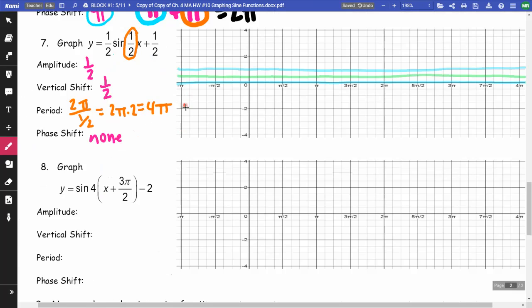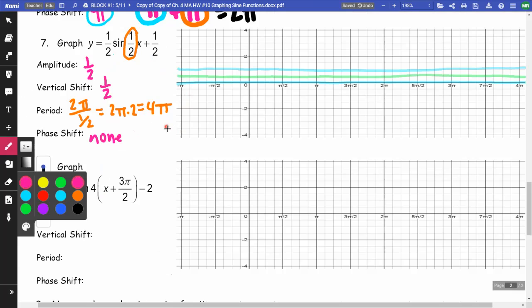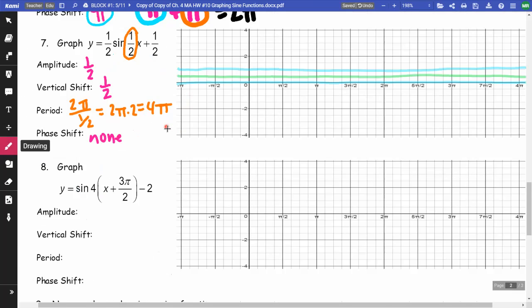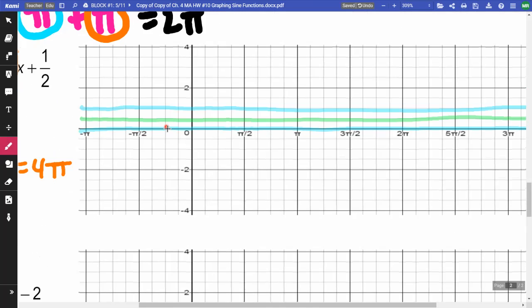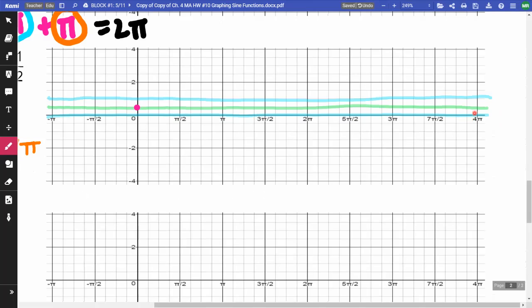And I'm going to be going for pi. So when I'm plotting my points, I am going to be starting at 0 and ending at 4 pi. So I'm going to start here at 0. I'm going to end over here at 4 pi.